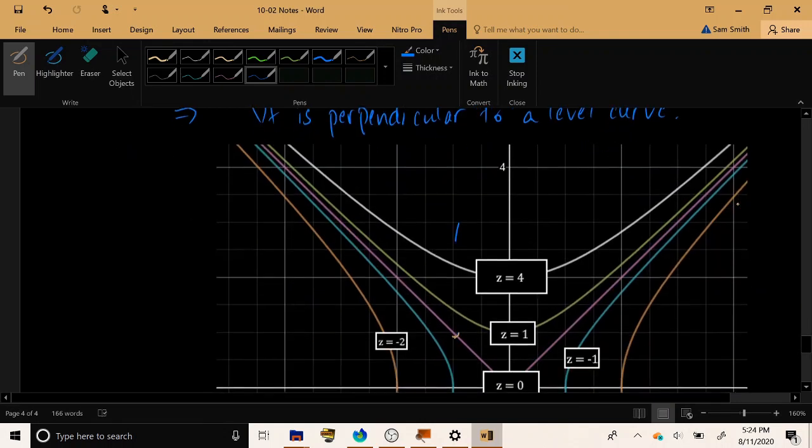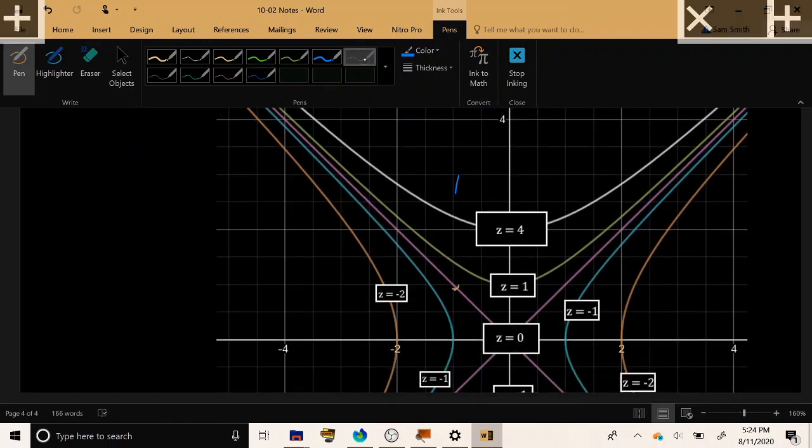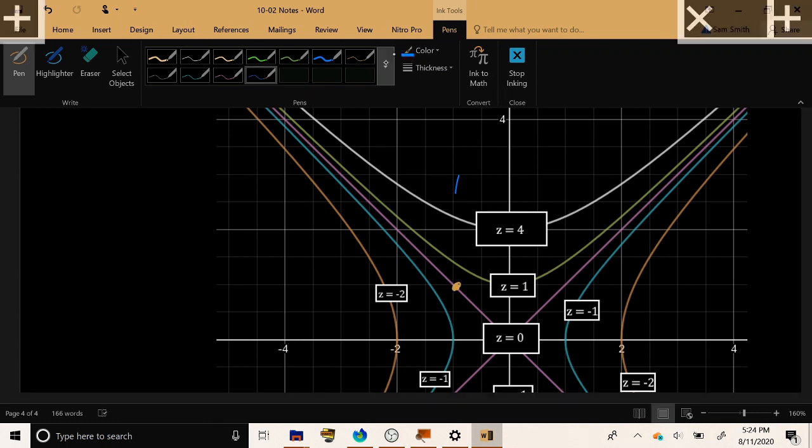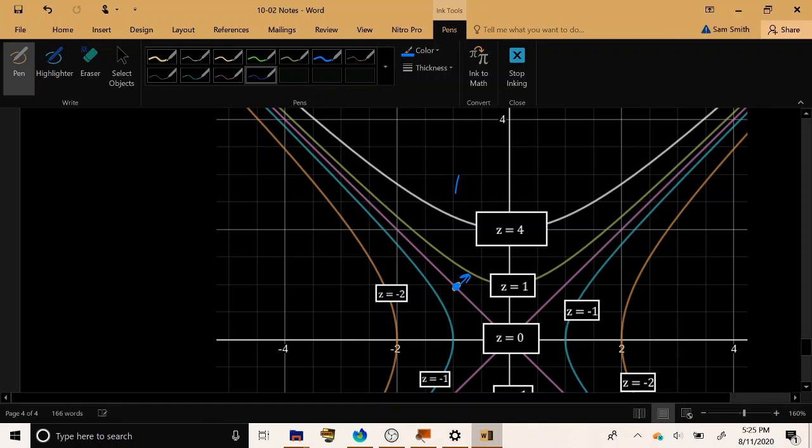So let's go back to the point (-1, -1), and consider drawing the gradient vector so that, first of all, it's pointing in the positive direction towards z equals 1, but also so that it is perpendicular to the level curve.